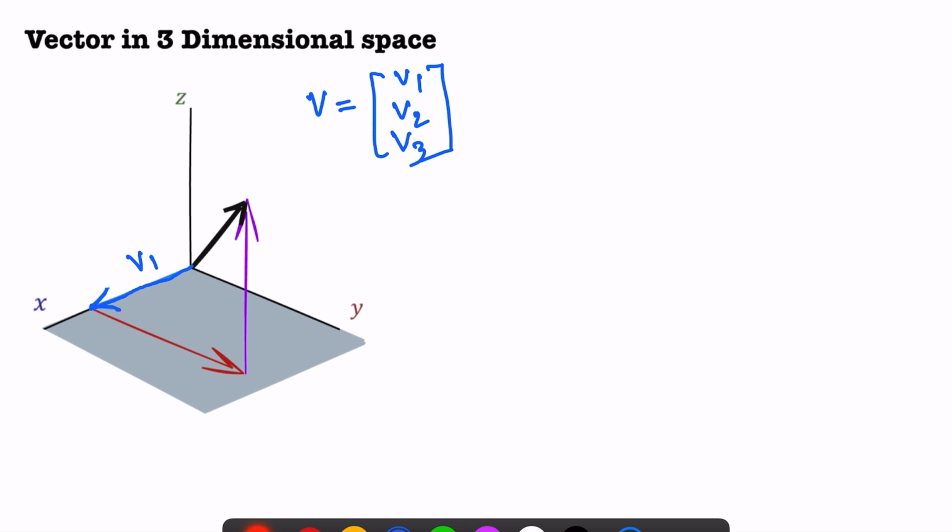This is v1. Then from there we'll move v2 steps parallel to the y direction. So this is v2. And then from there we'll move v3 steps parallel to the z direction. So this is v3. And we reach this target point, and this will be our target vector v.